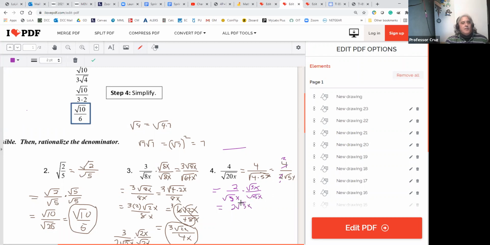And anytime you multiply something by itself or square it, it just pops out. All right, does that make sense?